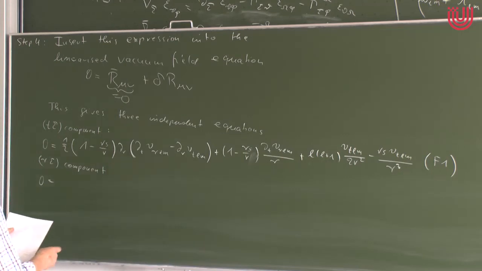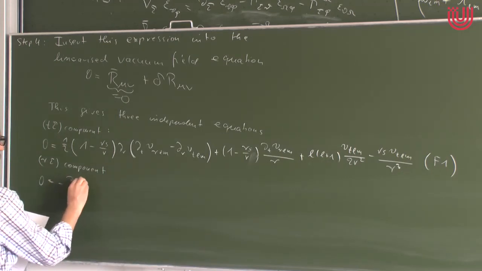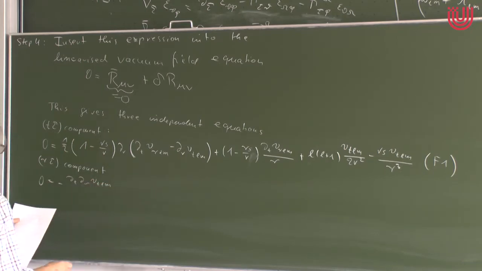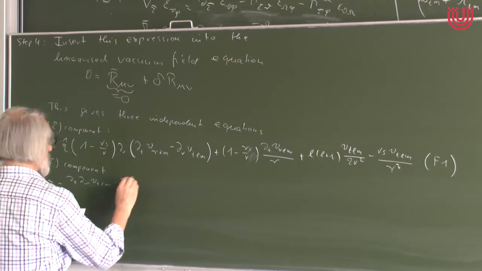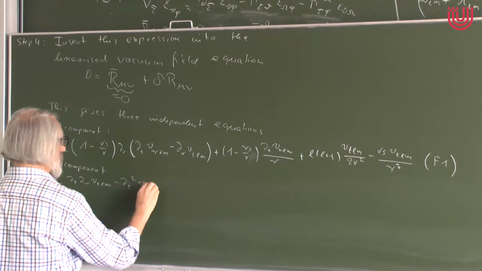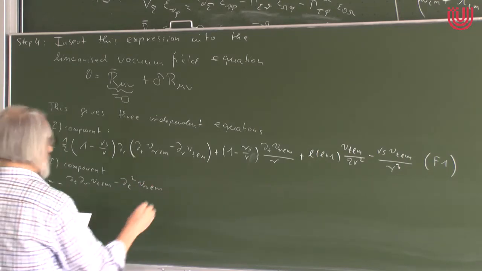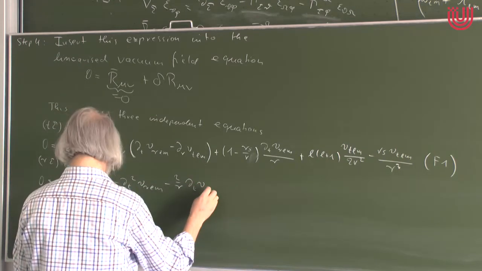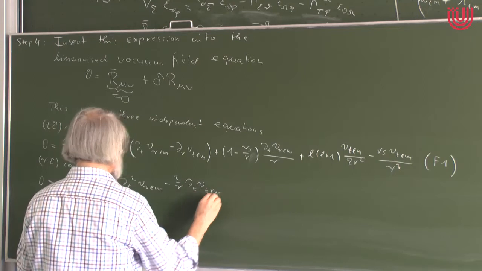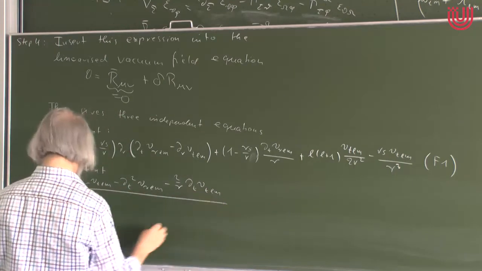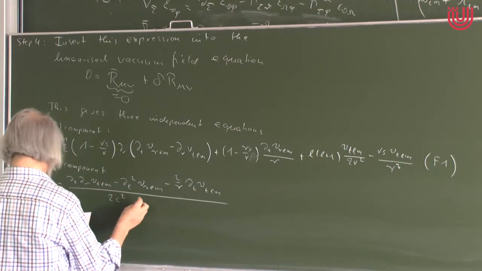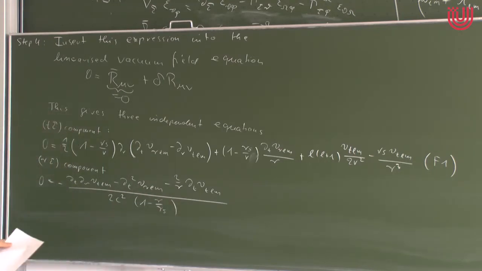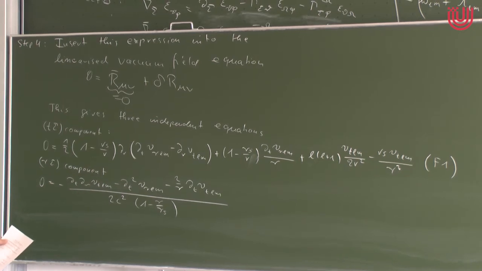So the second equation, minus dt dr VTLM, minus dt squared VRLM, minus 2 over R dt VTLM, divided by 2c squared 1 minus R over Rs. I think this time it's correct.